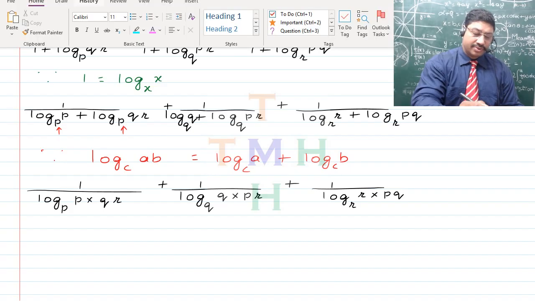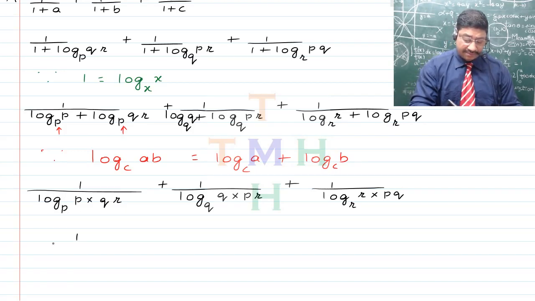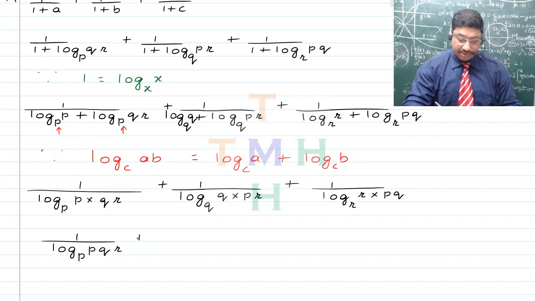Now children, continuing with this further, we have 1 upon log pqr to the base p. This is added to 1 upon, again you can write log of pqr, to the base q.